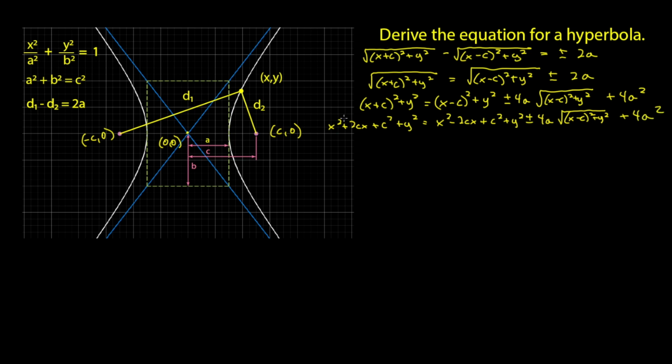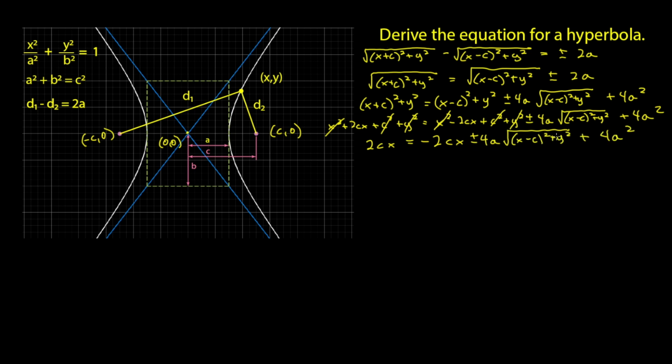Now we're going to cancel terms that appear on both sides: x squared, c squared, y squared, leaving us with 2cx equals minus 2cx plus or minus 4a square root of x minus c squared plus y squared plus 4a squared.